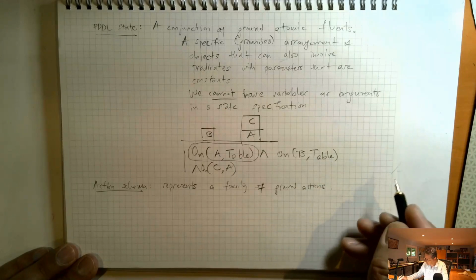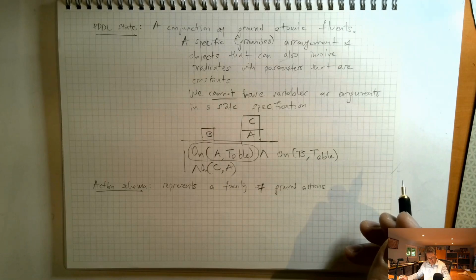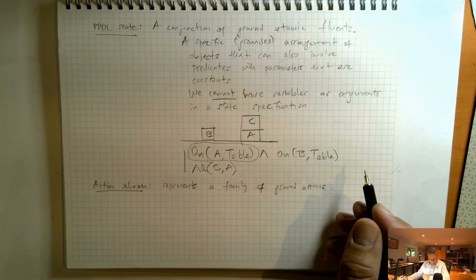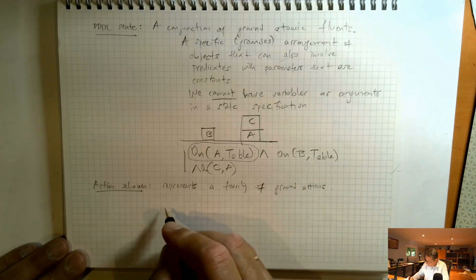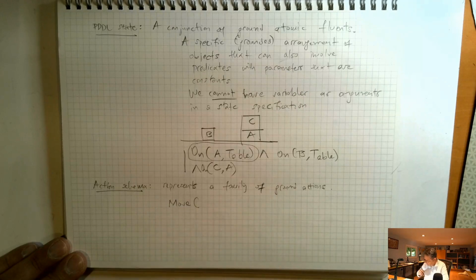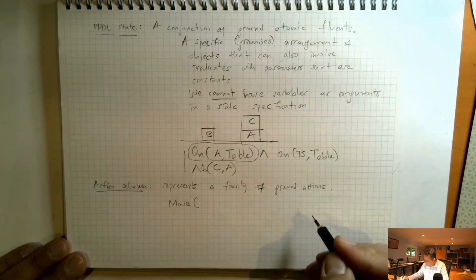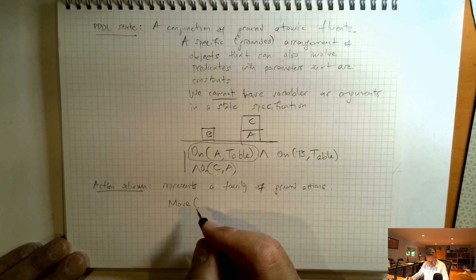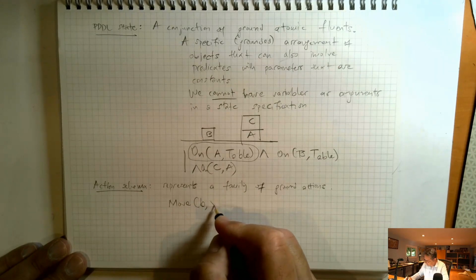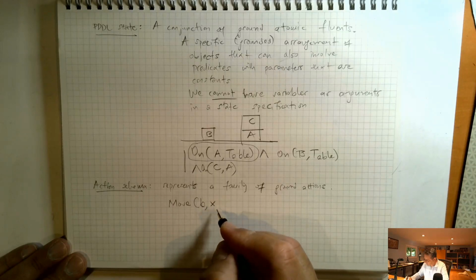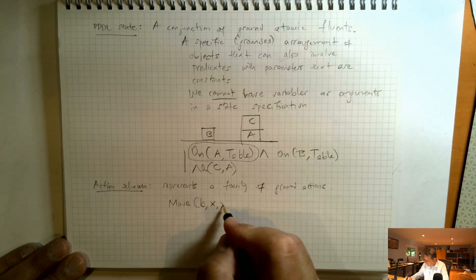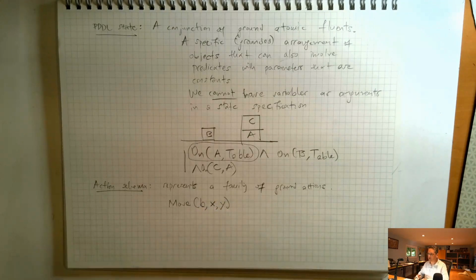So for example, let me provide an example of an action schema from the blocks world. So we have an action, let's say, of move, and as arguments, you would expect to see variables. So we have the variable b, and we have another variable x that represents a specific location, and another variable y that represents another location.